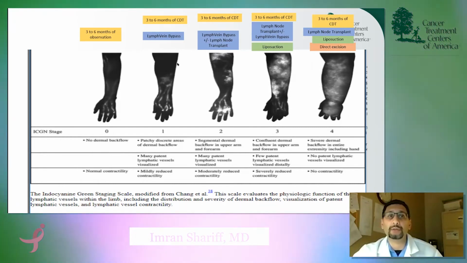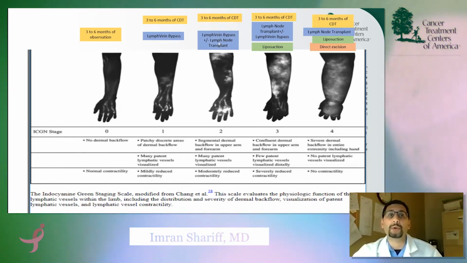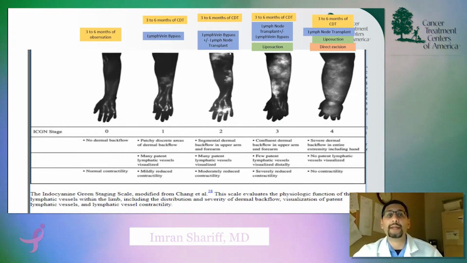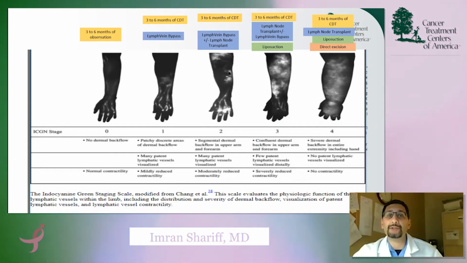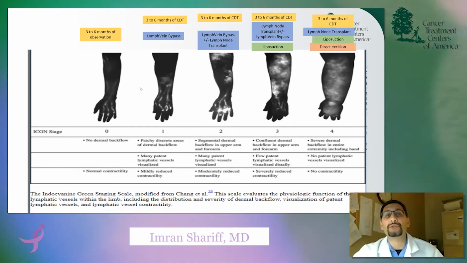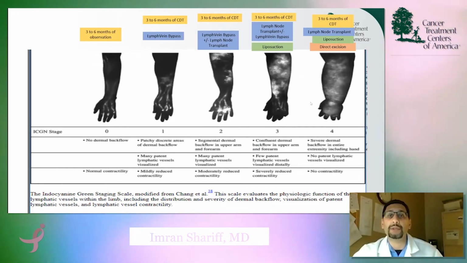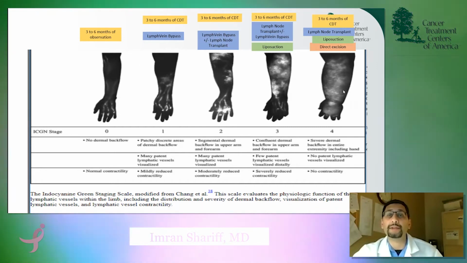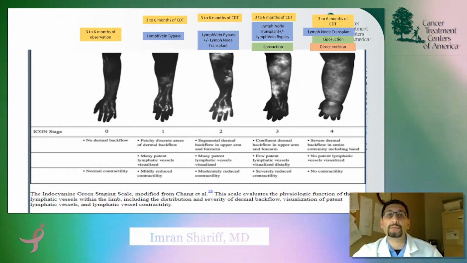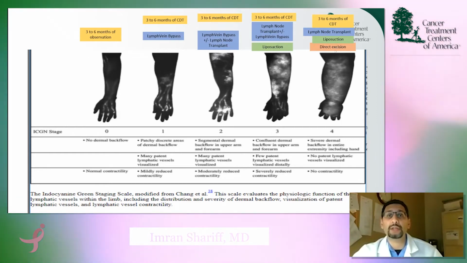Again, you can look at patients being candidates for a lymphovenous bypass early on, or lymphovenous bypass or lymph node transplant. And then as you go, as you have more severe disease, with the backflow and poor architecture of the lymph vessel system. Again, looking at more of those excisional surgeries, liposuction or direct excision.